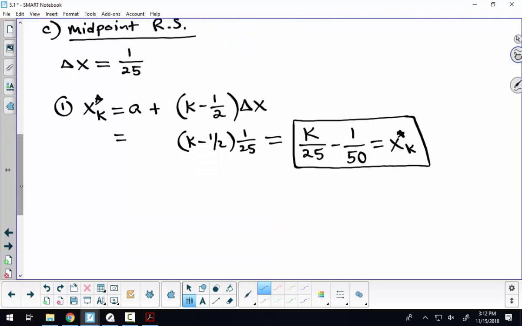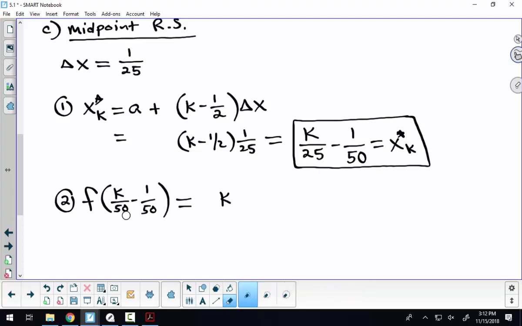So that's the only thing that changes from different Riemann sums, is the x star. In any case, the x star needs to be plugged into the function, and then that needs to be summed. So we have k over 25 minus 1/50 cubed plus 1.